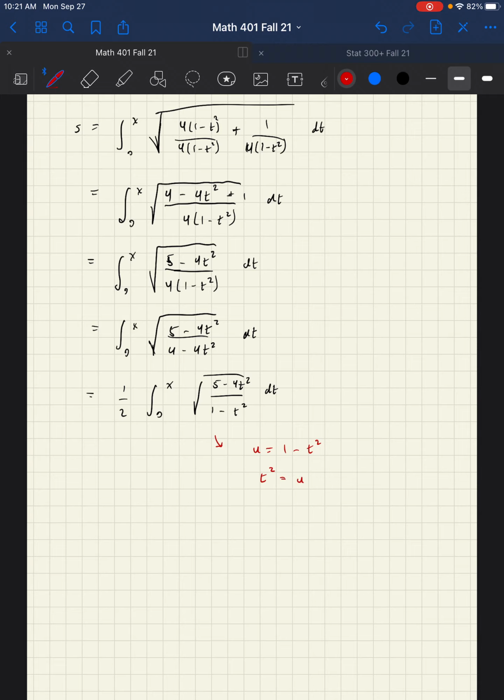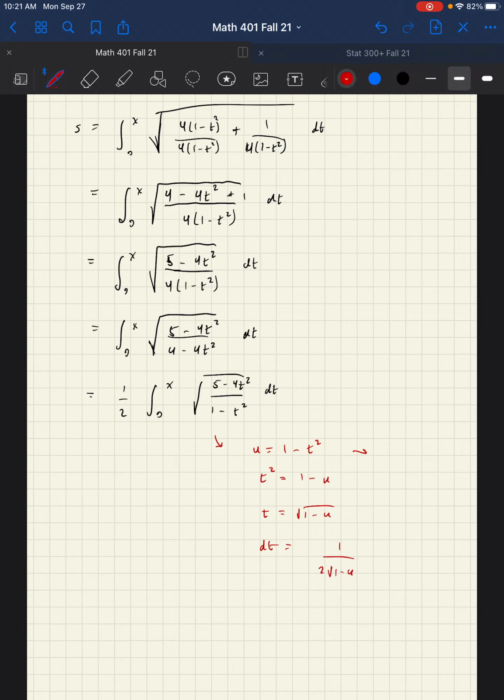Okay, so let's try a substitution here. So we're going to let u equal 1 minus t squared, okay, which means t squared equals 1 minus u, and du equals 2t dt. But that's not super helpful either. So maybe if we do t equals the square root of 1 minus u, then we can find dt in terms of du this way.